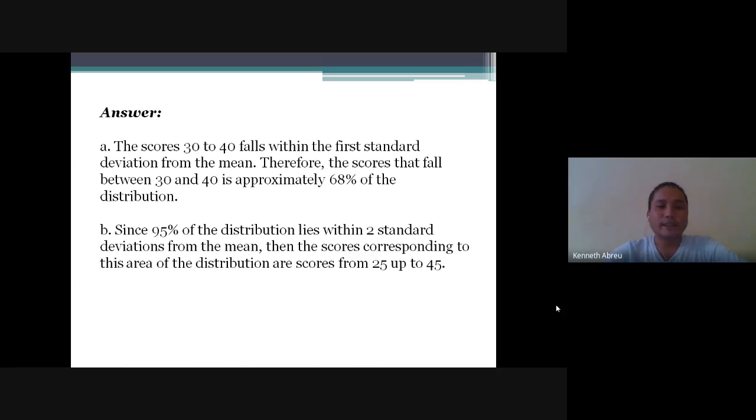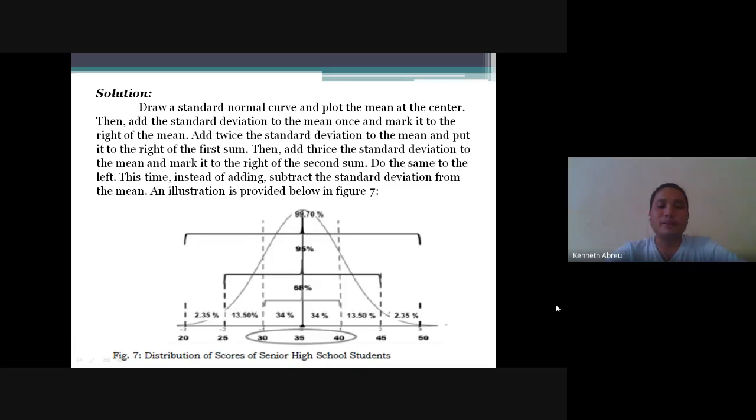Since 95% of the distribution lies within two standard deviations from the mean, the scores corresponding to the area of 95% of the distribution are from 25 to 45 naman kapag ang atin is 95%. Yan. And then yung namang ating 99.7%, magfo-fall naman siya between 20 to 50.